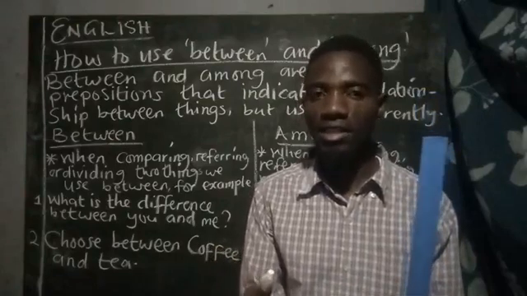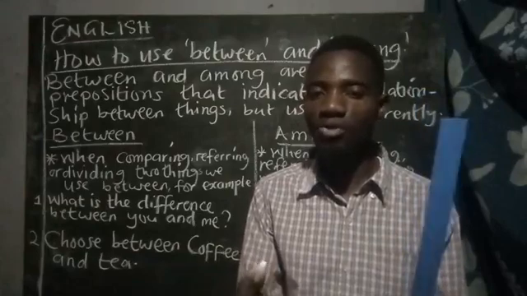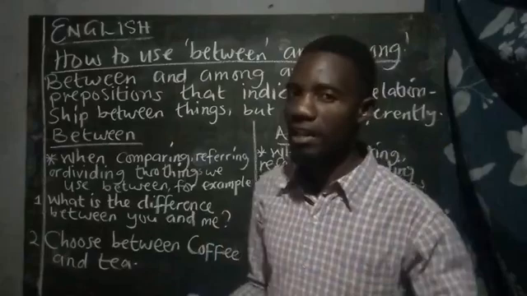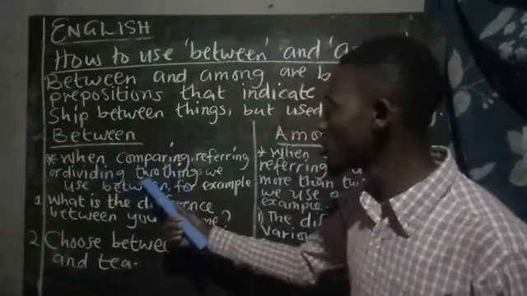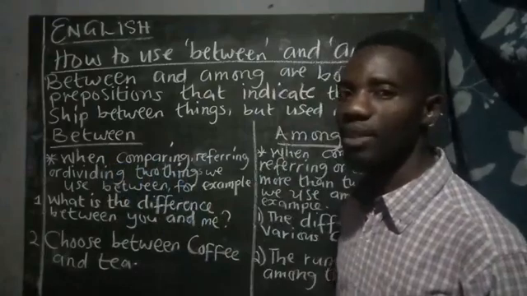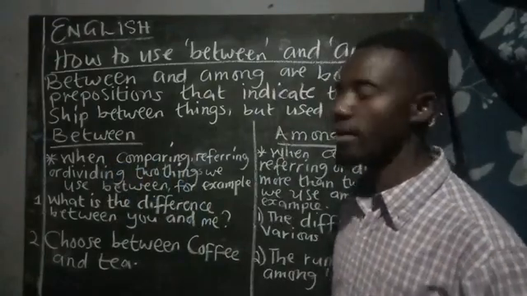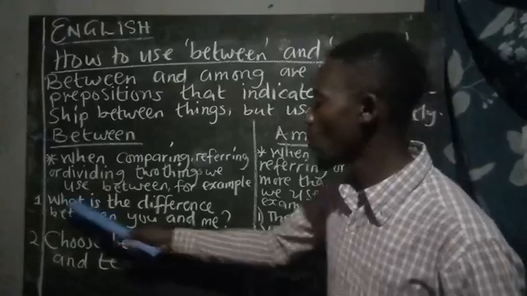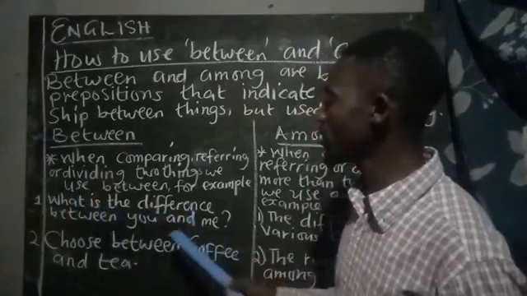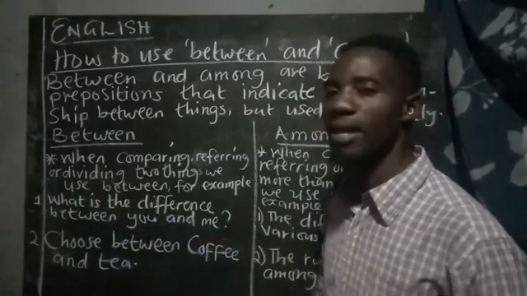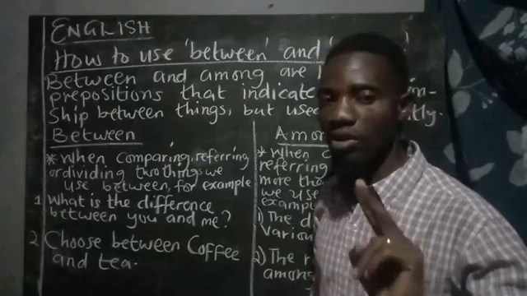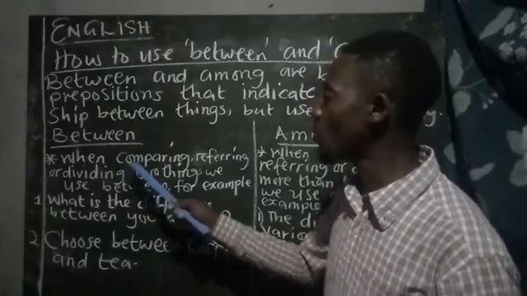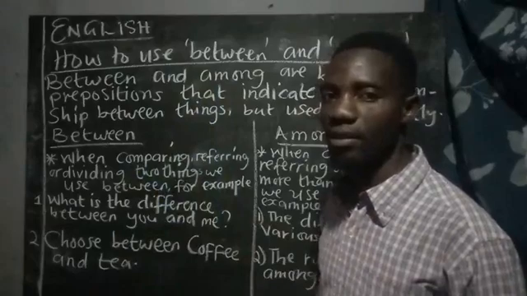You discover that in our example we've used the word between. Why did we use between? It's because we are comparing two things. So never make the mistake of saying what is the difference among you and me. That is wrong. Strictly when you are comparing two things, you need to use the word between.